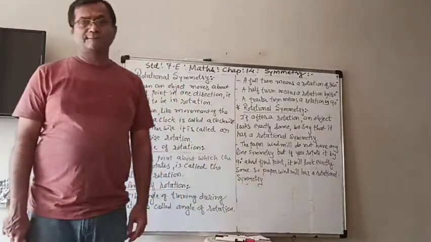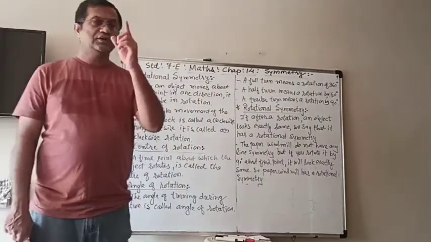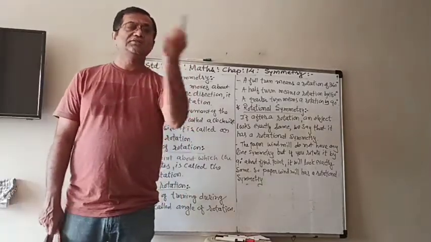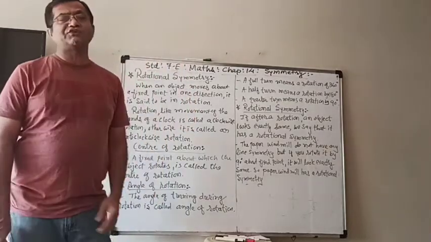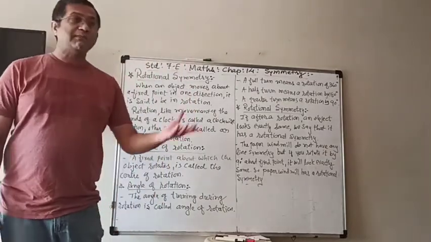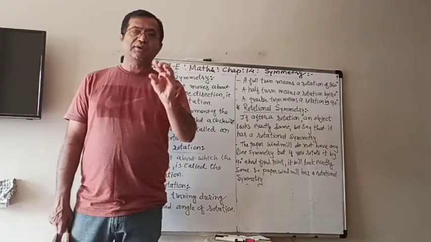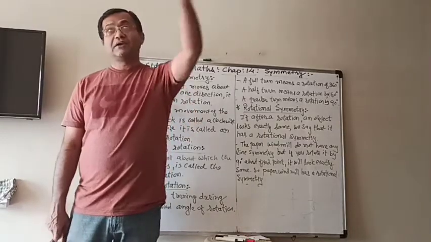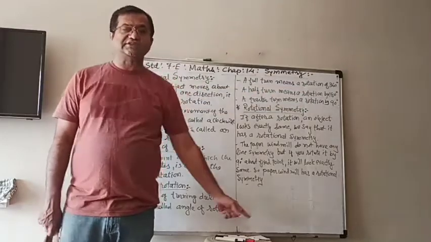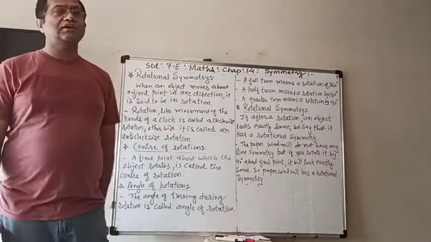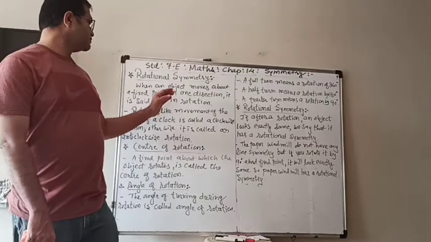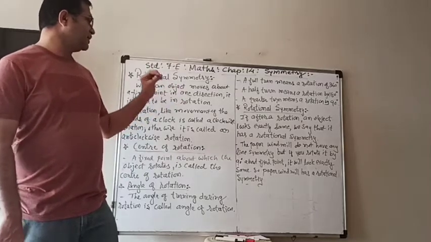Blades of your fan also fixed and then they are moving around the fixed point. Merry-go-round, the giant wheel, etc. also move from the fixed point in the middle. So these all are known as being in rotation.